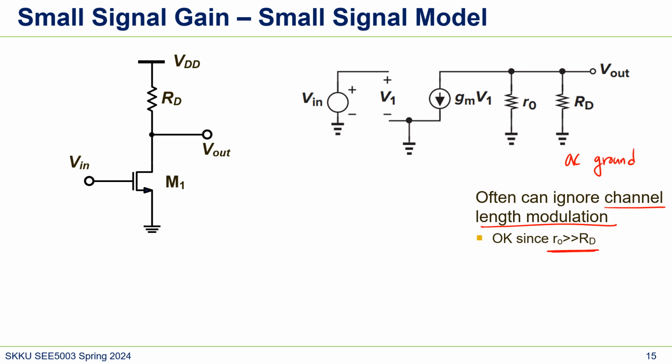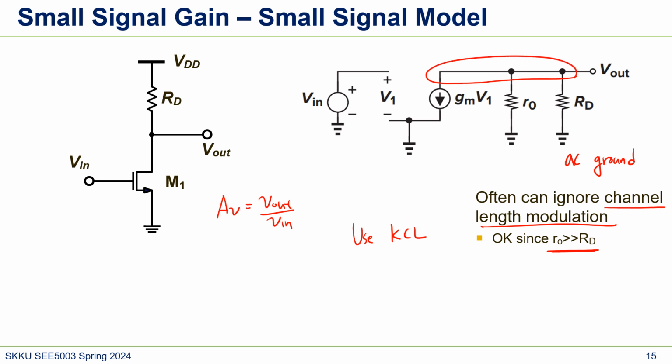So what is Vout? Av was what? Vout over Vin. This is right. And then what we can do is just use KCL. So let's calculate the gain using KCL. Let's look at this part.